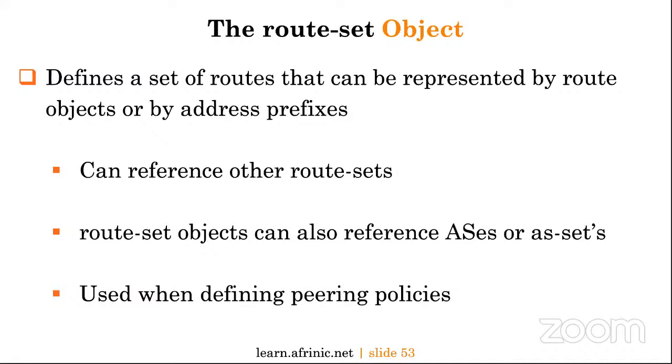It's just a set of prefixes, okay? It's easy to mix that up because it says route-set, but it's not a set of route objects, just like the AS set is a set of autnum objects, okay? You can also use that to define your policies when you are defining your policies on your autnum object, okay?